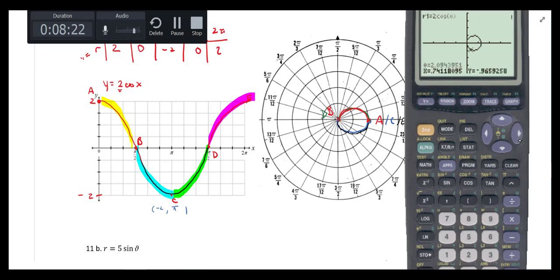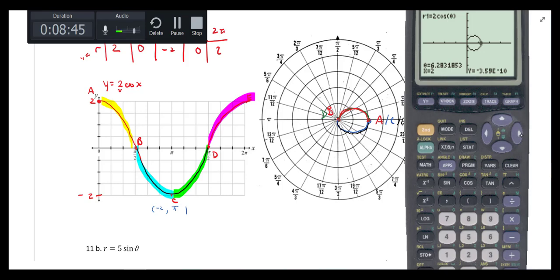Okay. And notice that once I get back one complete cycle, pi is 3.14. So this is equivalent to the point C. And then I can keep going. So here we go. Then here is the equivalent point D. And then we'll run back around to 2 pi. There we go. Okay, so 2 rotations around.